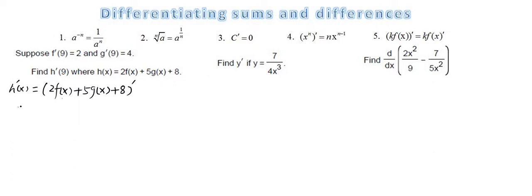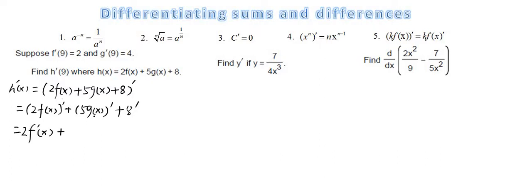So we have 2f(x) prime plus 5g(x) prime plus 8 prime. For the first term we're gonna use rule number 5, the constant multiple property. We keep the constant the same, and do the derivative only for the function.